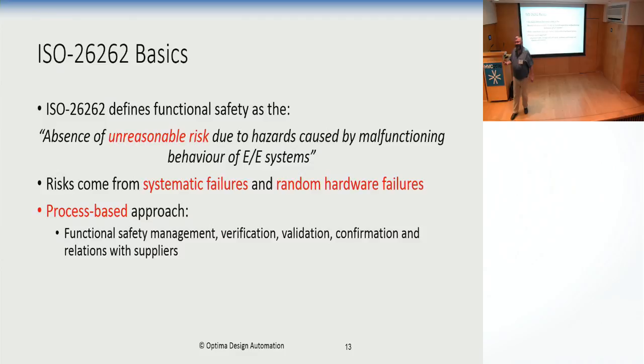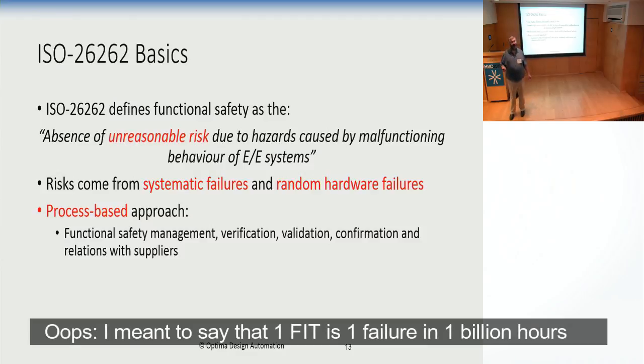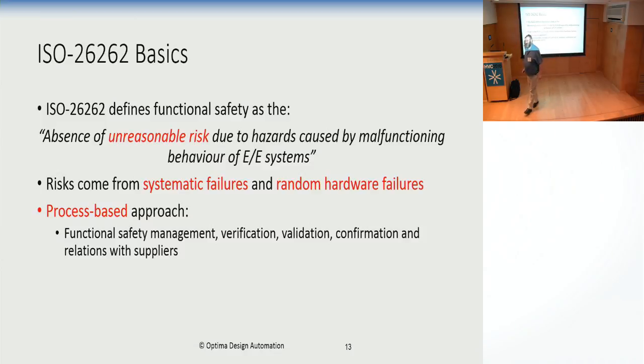The usual metric is that 1 FIT is 1 failure in 10 to the power of 9 hours, which is approximately once every 100,000 years. Which means that if an average car lasts 10 years, 1 in every 10,000 cars will have a fault, no more.